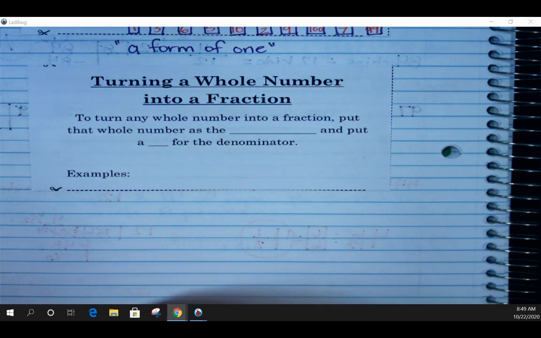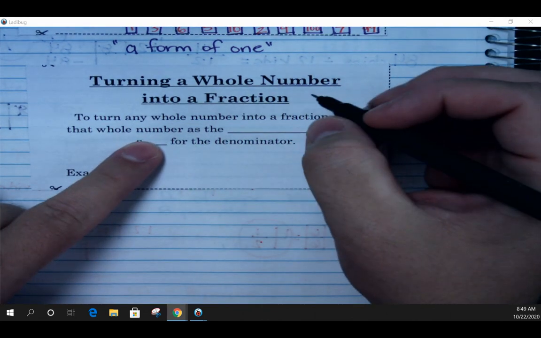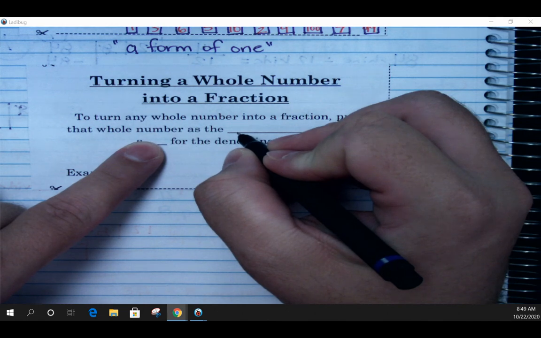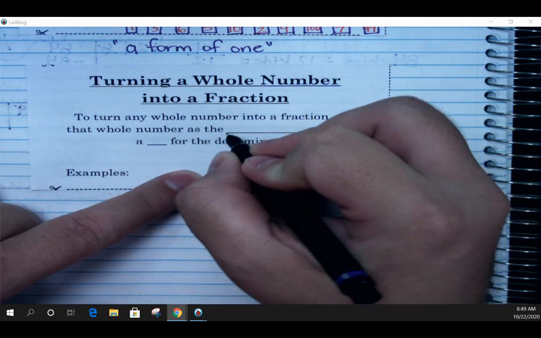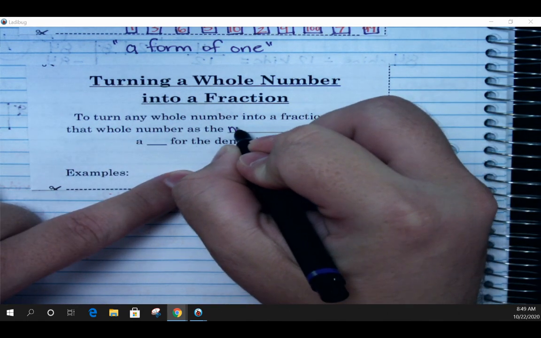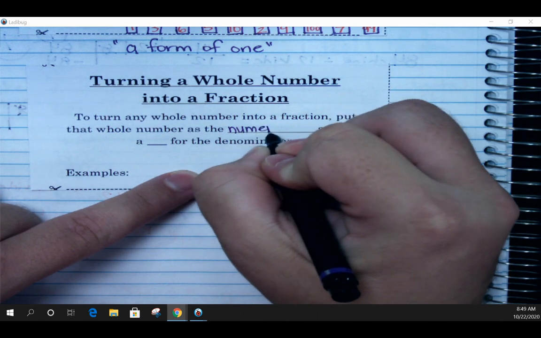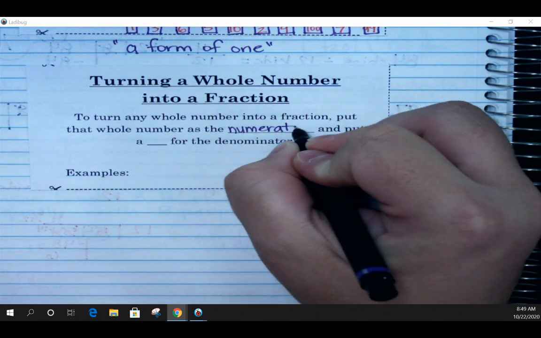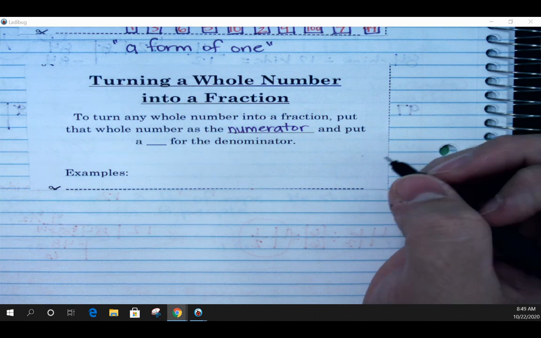To turn any whole number into a fraction, put that whole number as the what? Numerator, which is the top number, and put a what for the denominator?